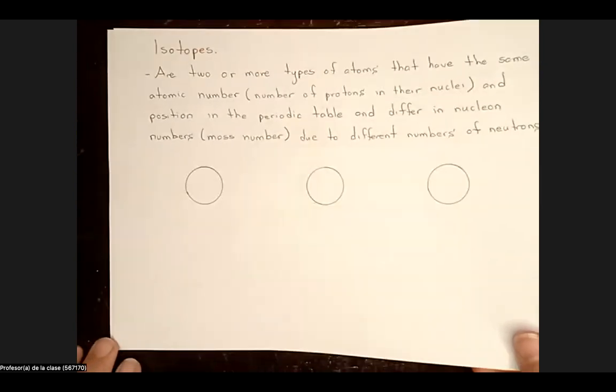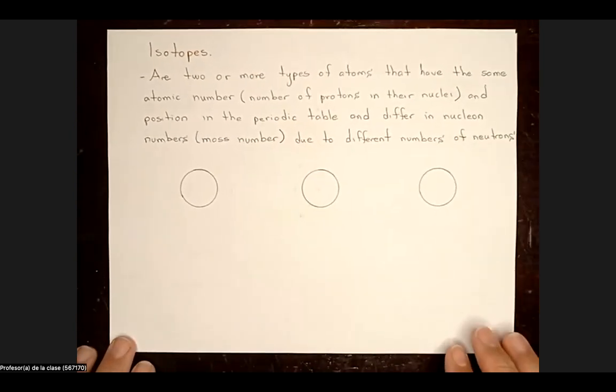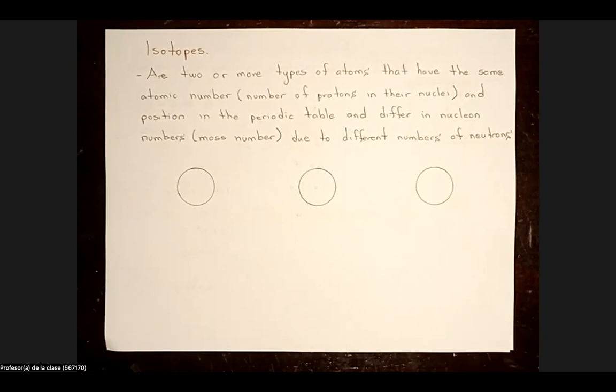to neutral atoms to form an ion. But what happens if we talk about isotopes? Isotopes are two or more types of atoms that have the same atomic number, so the number of protons in their nuclei will be the same, and the same position in the periodic table, but they differ in nucleon number, that means mass number, due to a different number of neutrons.